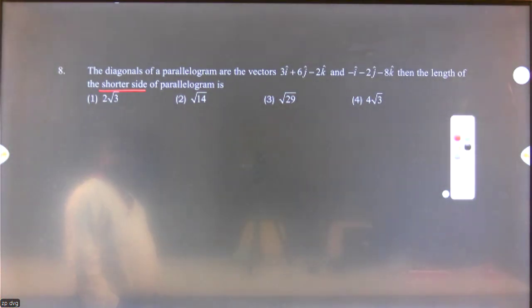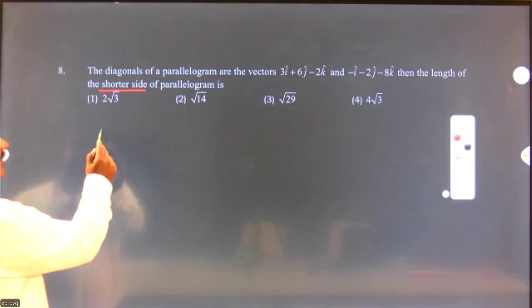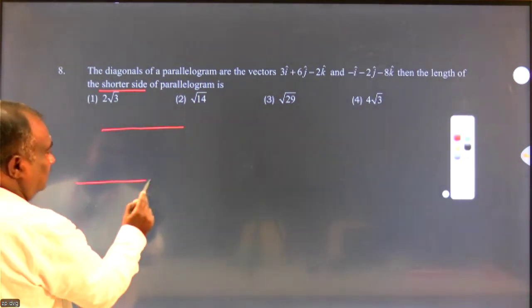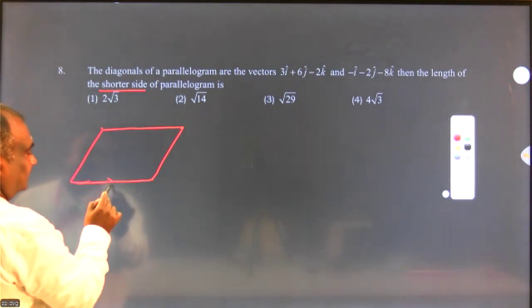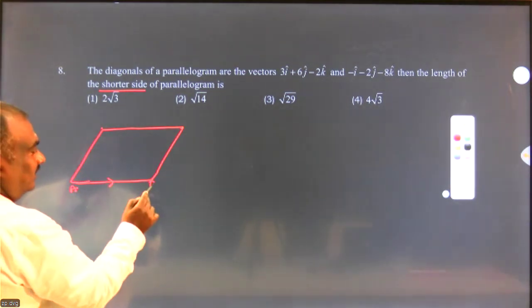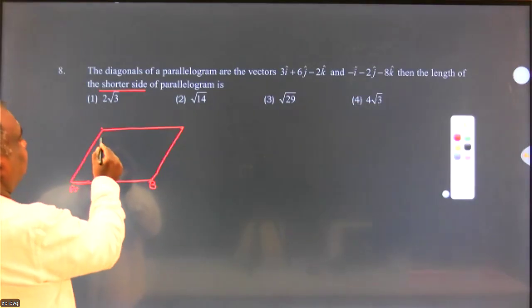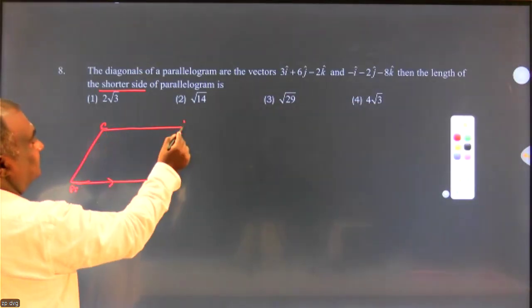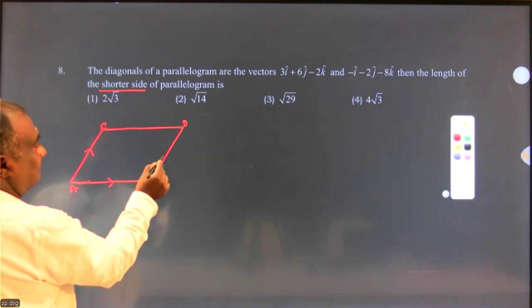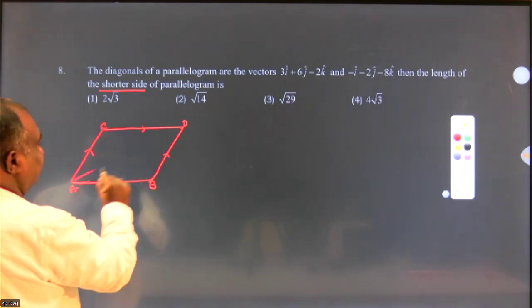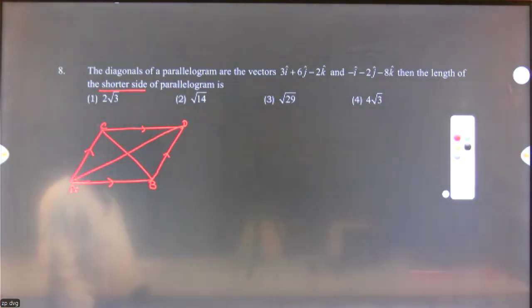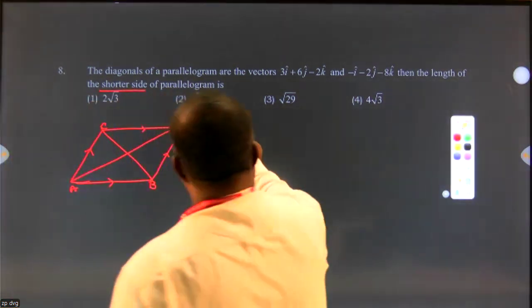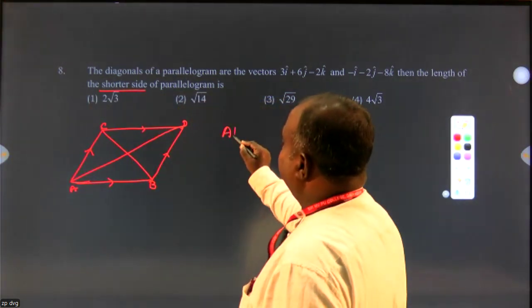When you are solving for the shortest side of the parallelogram, this is the parallelogram. This is A, B, and this is C, this is D. Now the two diagonals are given like this. The first one I take is AD bar.